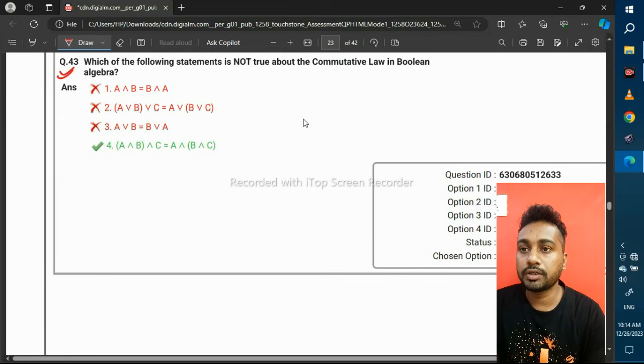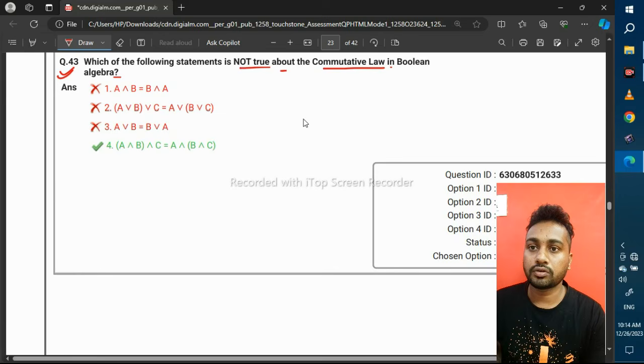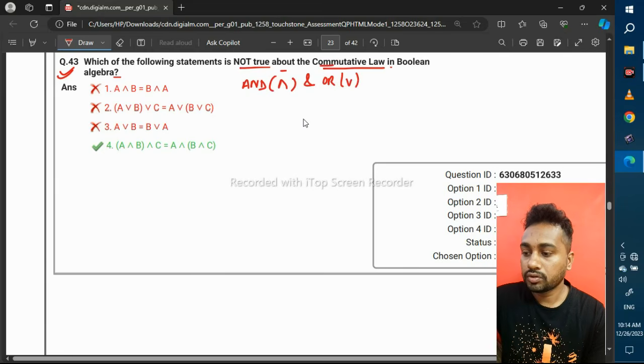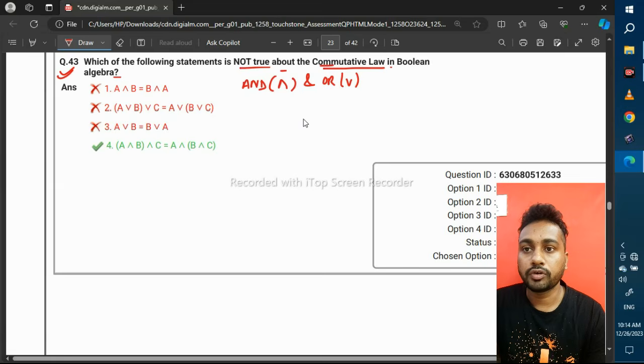Which of the following statements is not true about commutative law in Boolean algebra? In commutative laws, they are using AND and OR operations. Whatever the order of operands, it does not affect the operation in the commutative law.